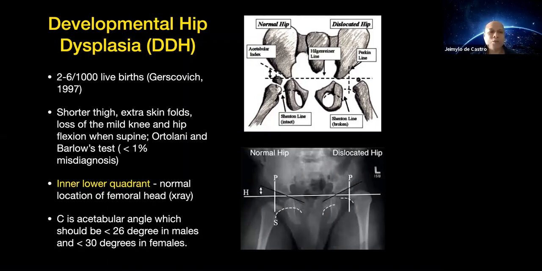We have a shorter thigh, extra skin folds, loss of mild knee and hip flexion, and of course what we usually do, the Ortolani and Barlow's tests. But this is not always accurate. The clunk that we hear in those tests may not necessarily indicate that there is a dislocation happening, but it could be caused by other structures inside, and we will discuss that later on.